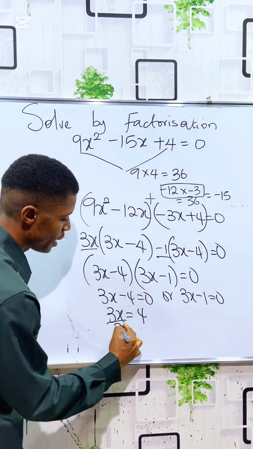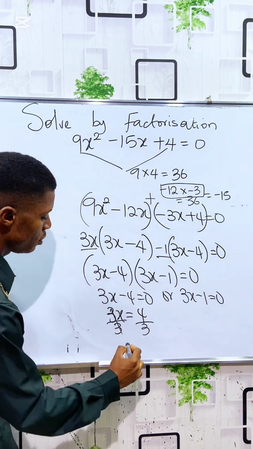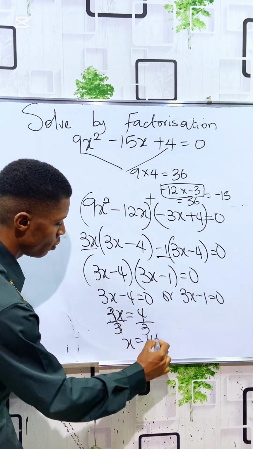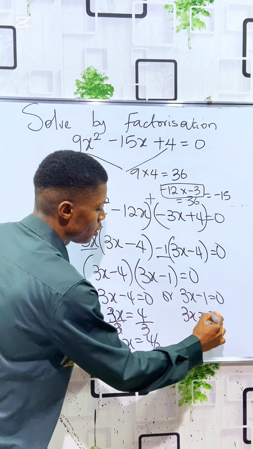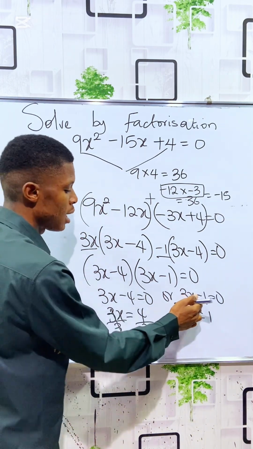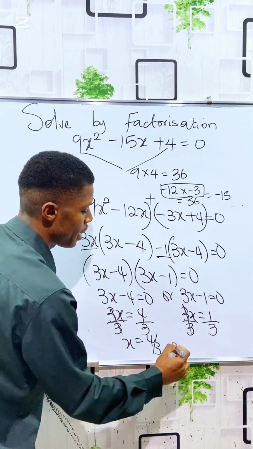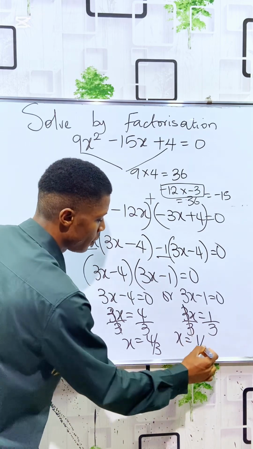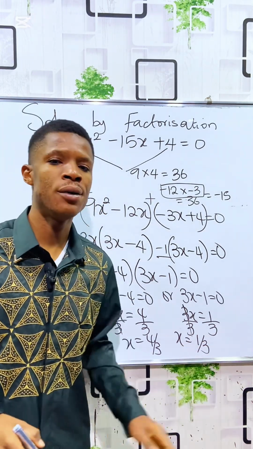We divide through by 3, and x is equal to 4 over 3. For the other one, 3x is equal to 1 when we add 1 to both sides. Dividing through by 3, x is equal to 1 over 3. So the solutions are 4 over 3 and 1 over 3.